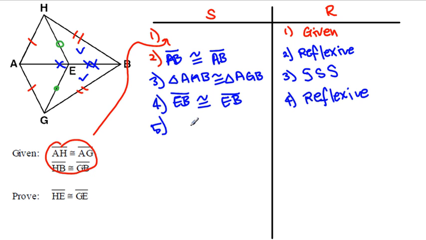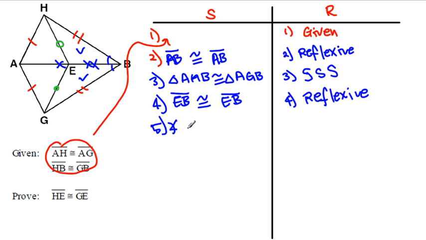Number five. Now, the next one is we have two conditions so far, side and another side. We cannot use HE nor GE because those are the line segments which we need to prove to be congruent. Then another thing which we could have done was the angle. You see the angle right over here. These two angles are congruent by, yes, corresponding parts being congruent to each other.